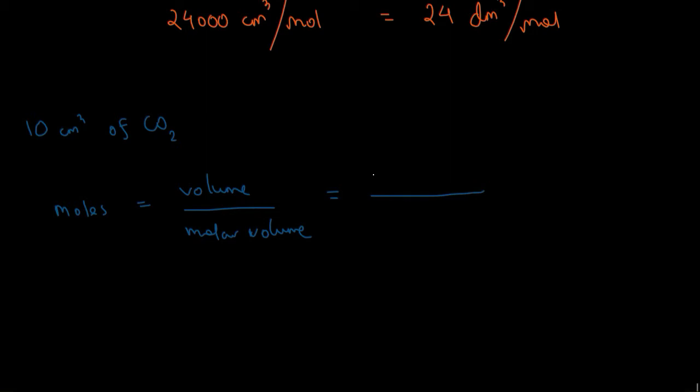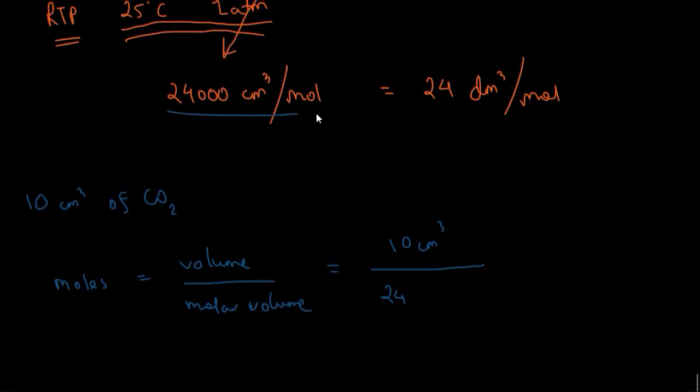So volume is going to be 10 cm cube, and the molar volume is going to be 24,000 cm cube per mole. So my cm cube is going to cancel out. This one's going to be 1 by 2,400 moles of CO2. So that's how you do it.